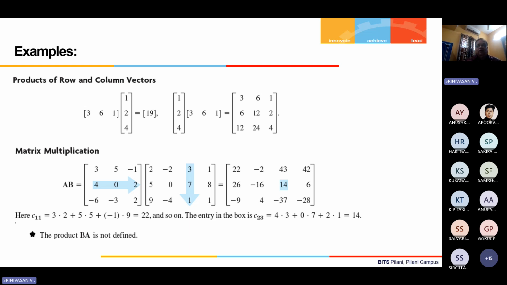Okay. So similarly, you can find out here. Here, this is of order 3 by 1. Just look at the beauty of the orders. That is very, very important. This is of order 3 by 1 and this is of order 1 by 3.